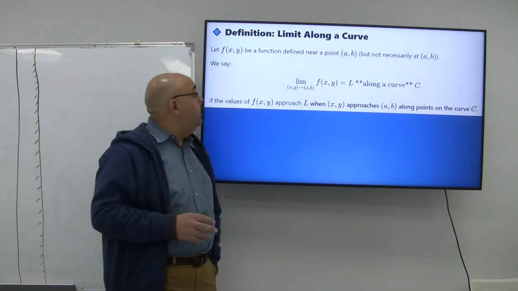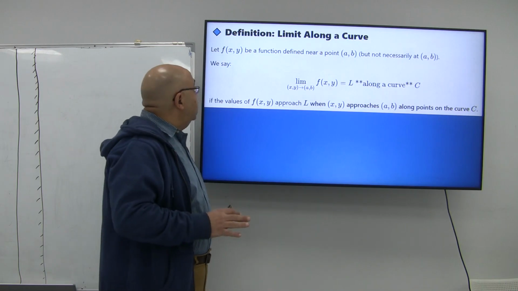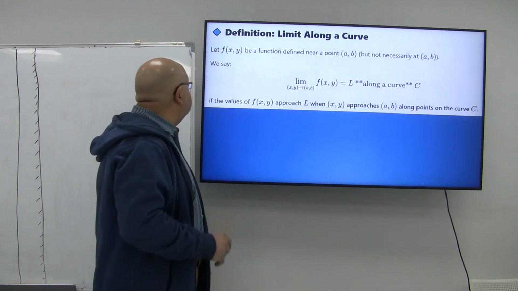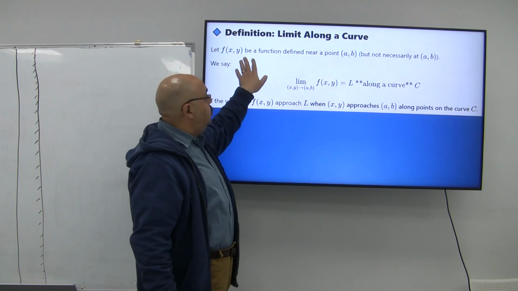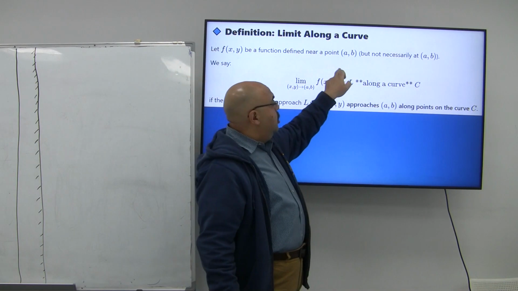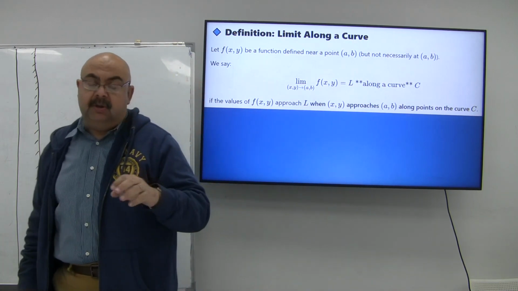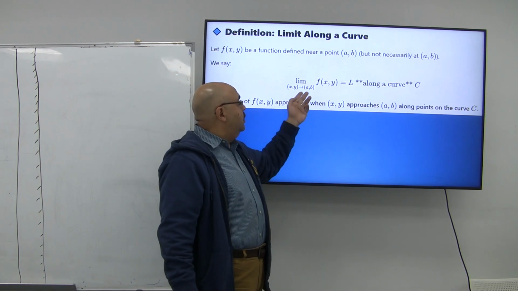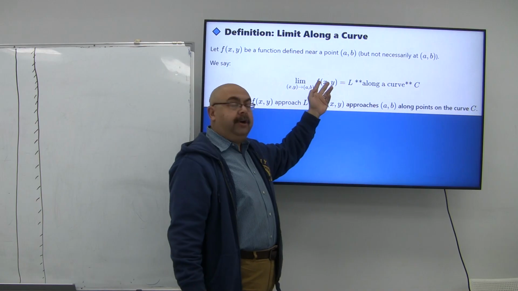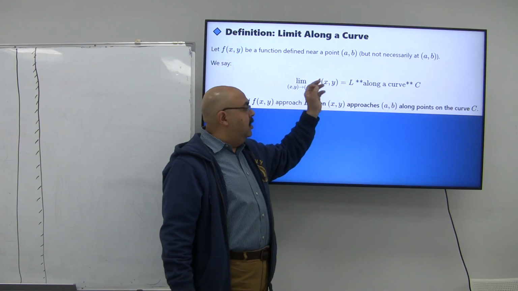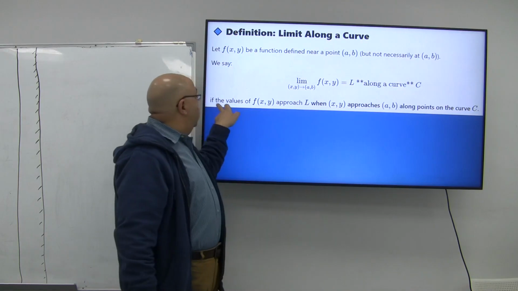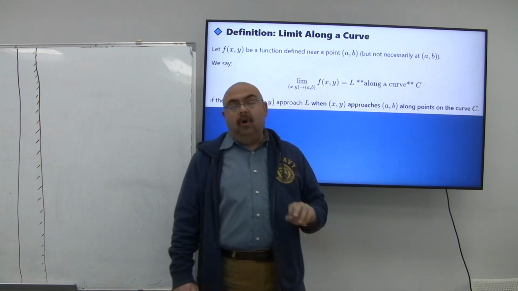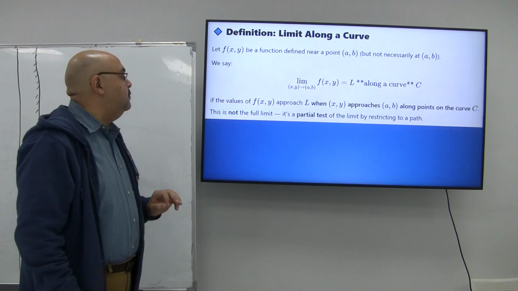So I want you to remember that in order to find a limit in multivariable functions, this is the start, which states that for an f of x and y, a function defined near a point (a, b) but not necessarily on this point, so it's defined on a neighborhood of this point, we say that the limit as (x, y) approaches (a, b) of f of x, y equals L along a certain curve if the values of f of x, y approach L as (x, y) approaches (a, b) along points on one specified curve.